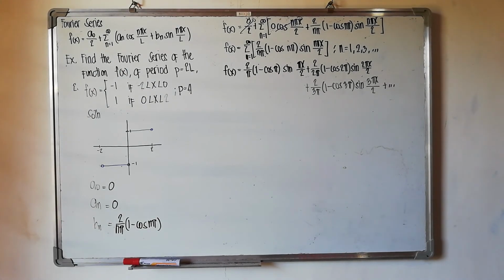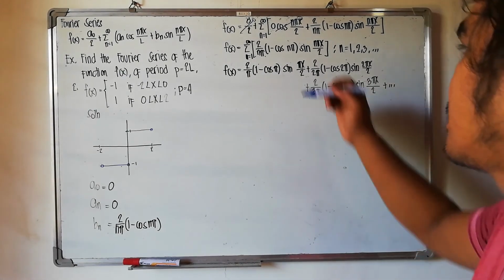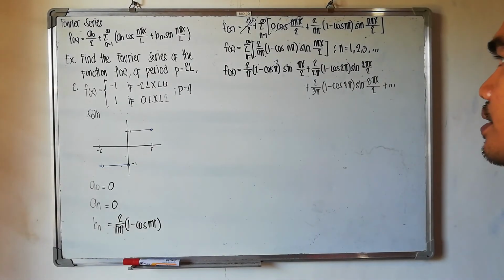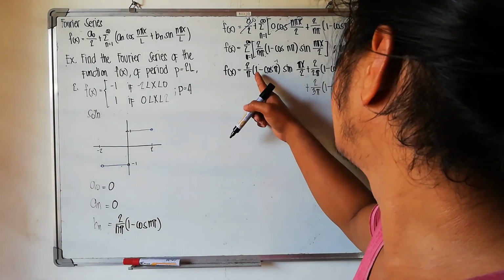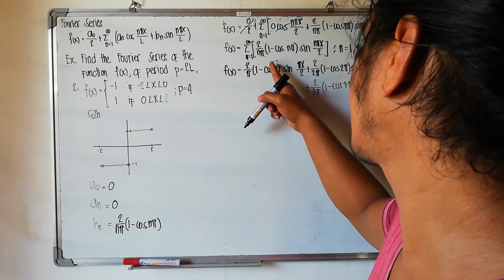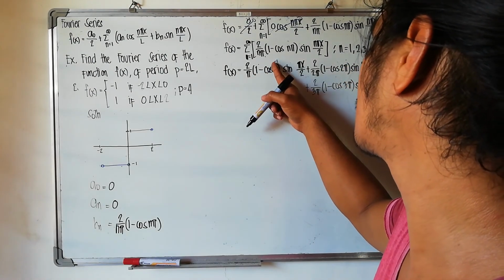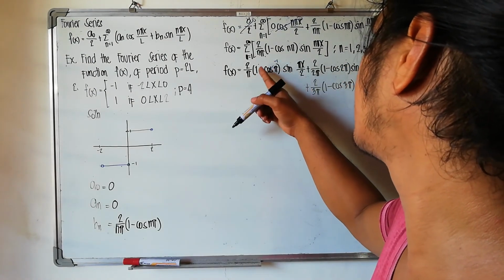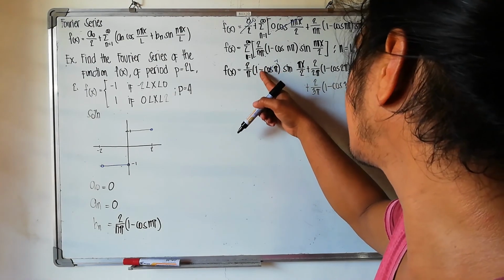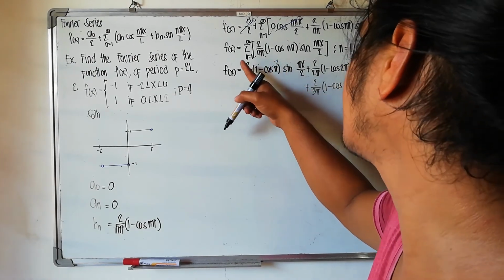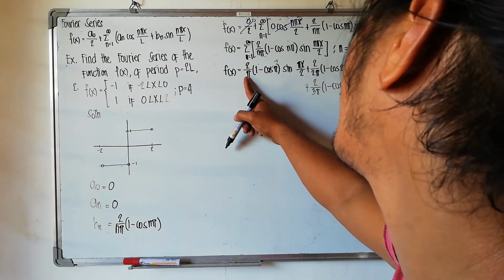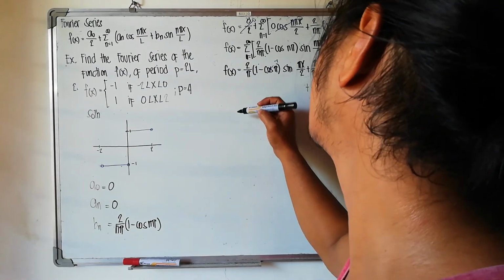Simplify the equation, so you will have now the cosine pi is equal to negative 1. So you can have negative 1 minus negative 1, so you have 2. Negative 1 minus negative 1 is equal to 2 times 2 over pi, so that will be 4 over pi.